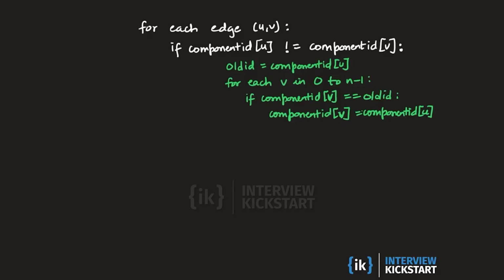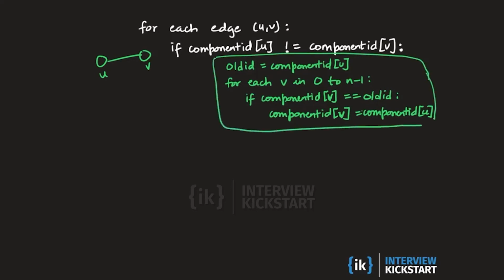So for each new edge u comma v that comes in, we check if the two endpoints u and v share the same component ID or not. If they don't share the same component ID, then we have to either change the component ID of V and all the other vertices in its component, or we change the component ID of U and all the other vertices in its component.